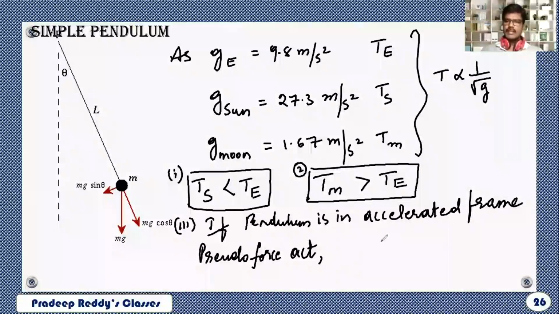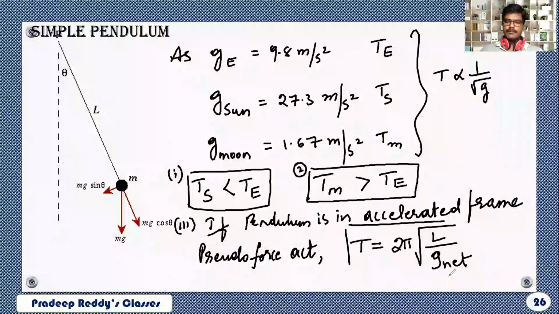Because of that, pseudo acceleration comes into action. Therefore, time period T will be equal to 2 pi under root L divided by g net. So g net can be g plus or minus a.